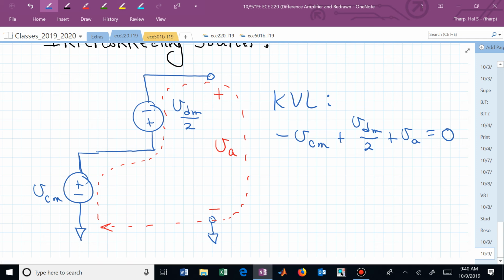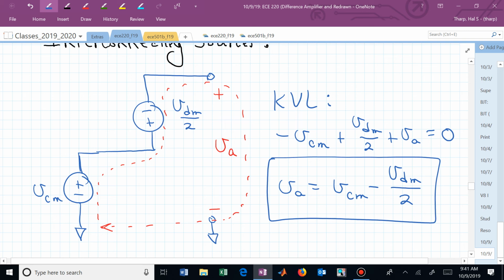Hopefully this shows me that V sub A is V common mode minus half of the differential mode voltage. And that's what I said it was. That way of interconnecting those two new voltages allows me to create V sub A.